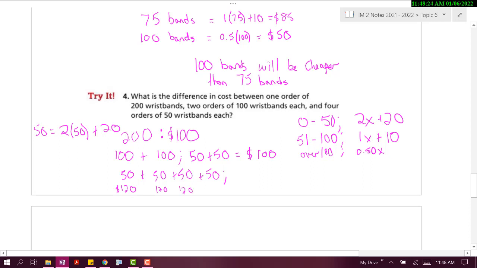Because the more that you buy, the less you have to pay. So each one of those 50 is 120. So if you did it that way, it'd be $480. That is not a good business deal. It would just be simpler to choose that. Not much of a difference between getting 100 and 100, but getting 50, 50, 50, 50, way too much time. Not good for us.